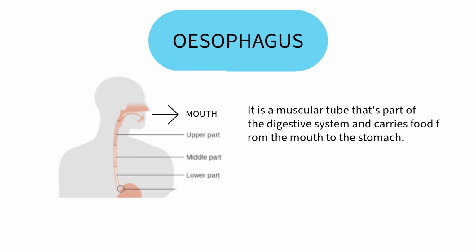When the slightly digested food enters the esophagus, contraction and expansion movement of its walls takes place, which is known as peristaltic movement. This movement helps the food move towards the stomach. Usually, no digestion of food occurs in the esophagus.